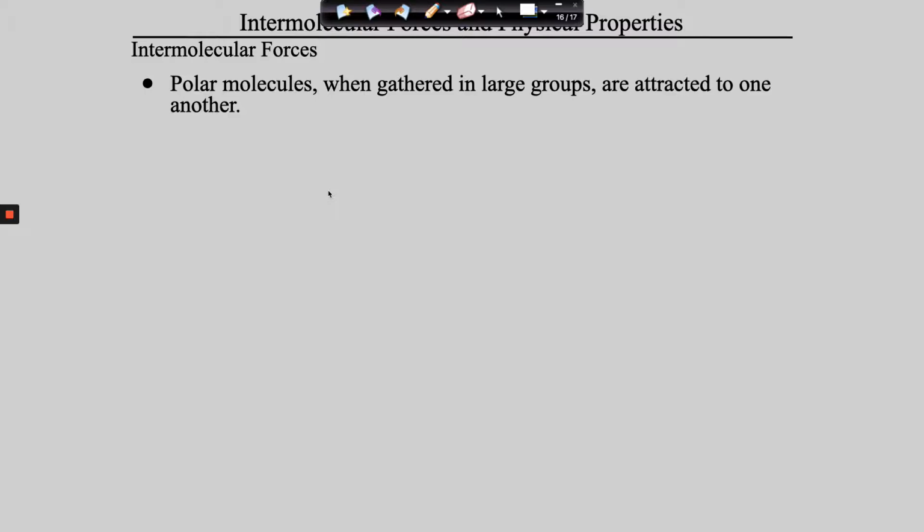We've got a positive dipole, we've got a negative dipole, and we know that positives attract negatives. And so literally what's going on is positive dipoles are attracted to negative dipoles, and negative dipoles are attracted to positive dipoles, and all of these attractions make these molecules stick together.